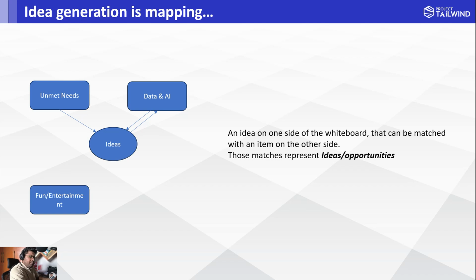Can you make the task or job to be done of a customer better, fun, entertaining? And if that is feasible with data and AI, then you have your ideas. Or if there are any new business models that you came up with, which are possible and feasible today, then you have ideas. So the idea generation process is basically mapping of either of these or all of these.